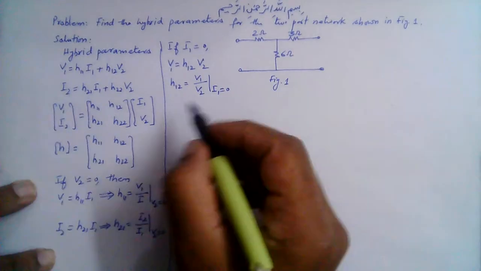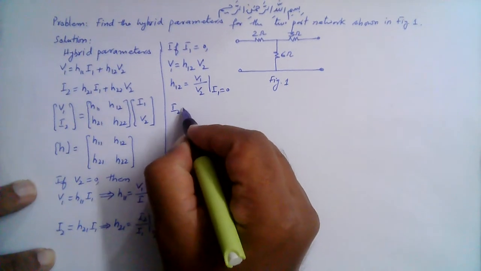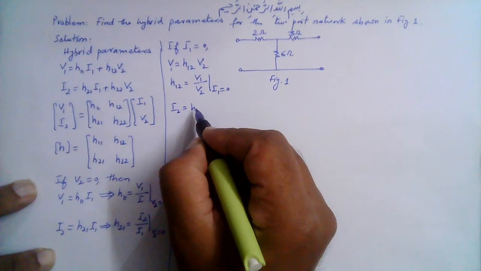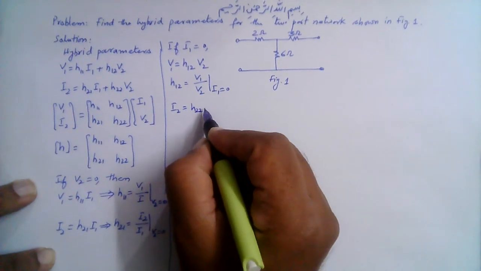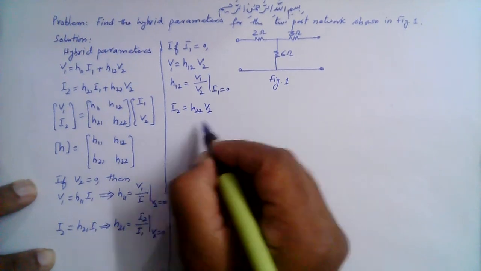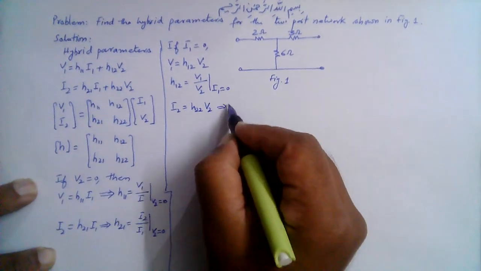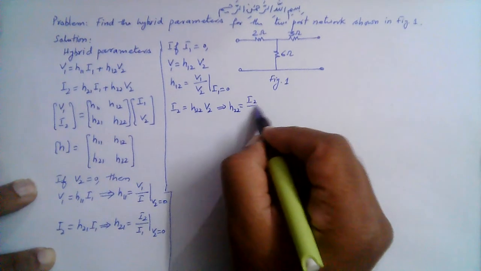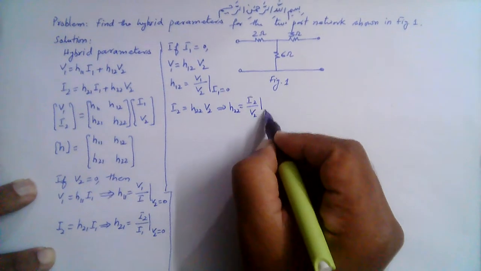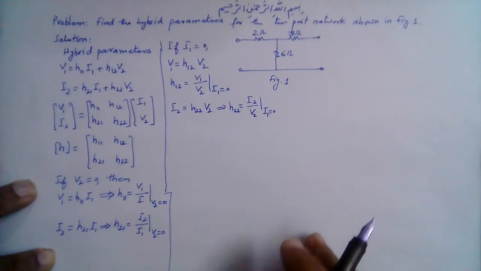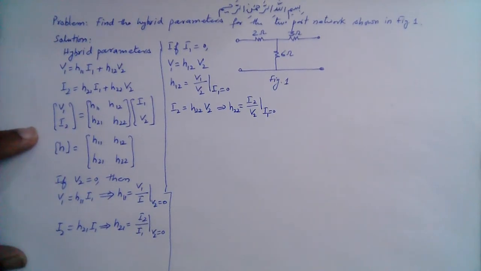And from this equation we have I2 is equal to H22 V2, and then this means H22 is equal to I2 divided by V2 while I1 is equal to 0. So this is how all these four hybrid parameters are defined.